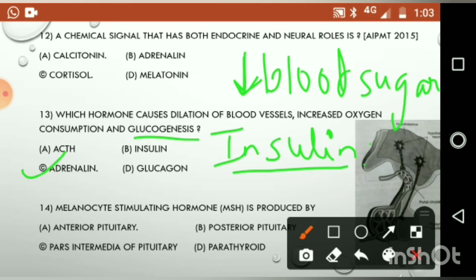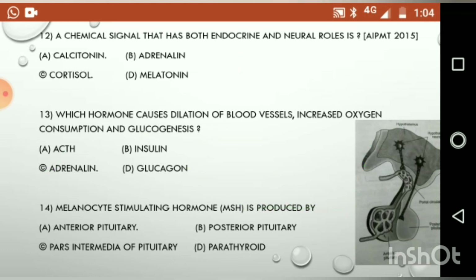He will do anything to decrease the blood sugar level. So insulin converts glucose, which is what increases the blood sugar level.